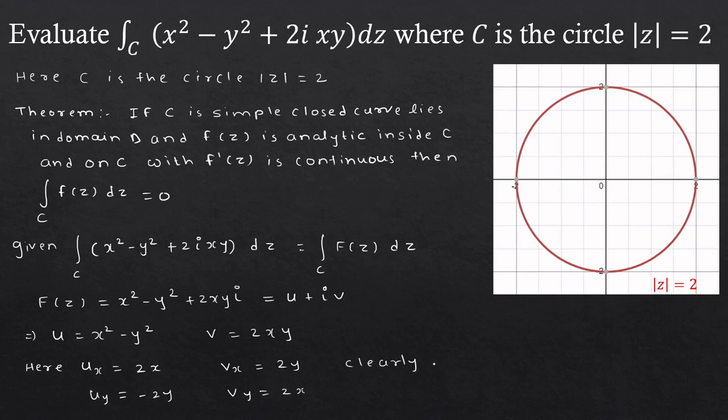Clearly, ux = vy and uy = −vx. Now the first condition is satisfied, that is the Cauchy-Riemann criteria.